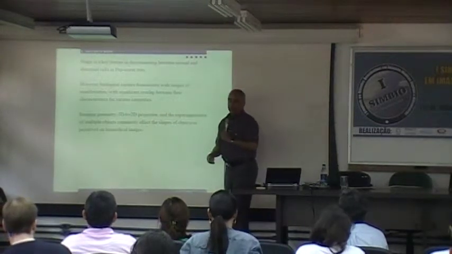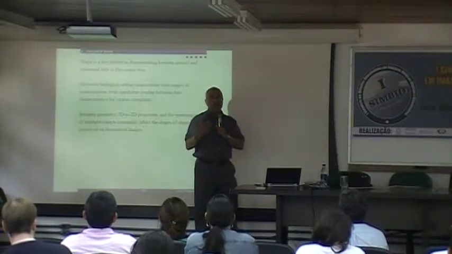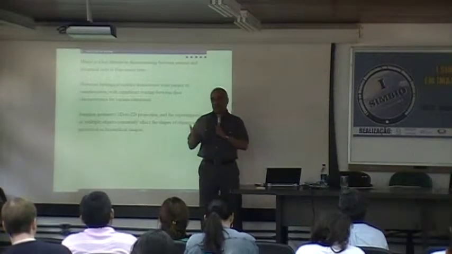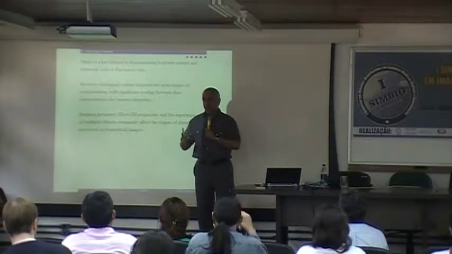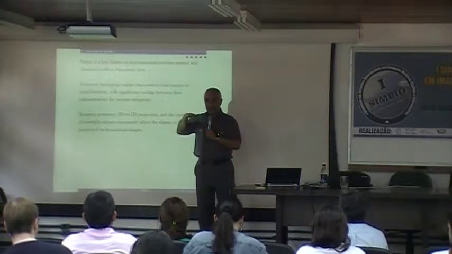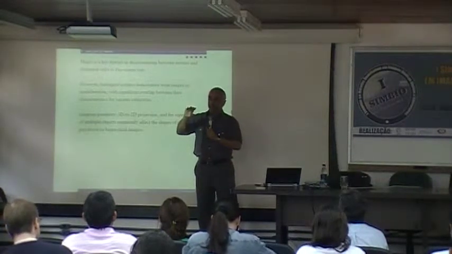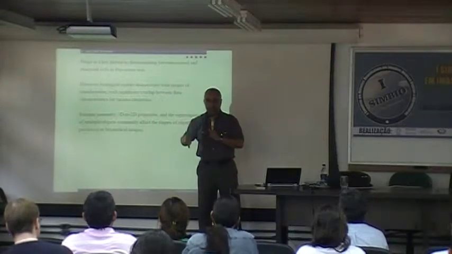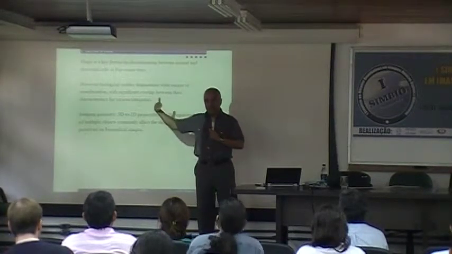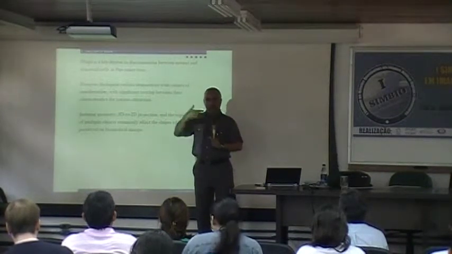But there are some problems, especially in mammography, because of the fact that it is a projection image. The 3-dimensional breast is compressed and radiation is sent through in one direction, craniocaudal, and another direction, usually mediolateral from the middle to the side.